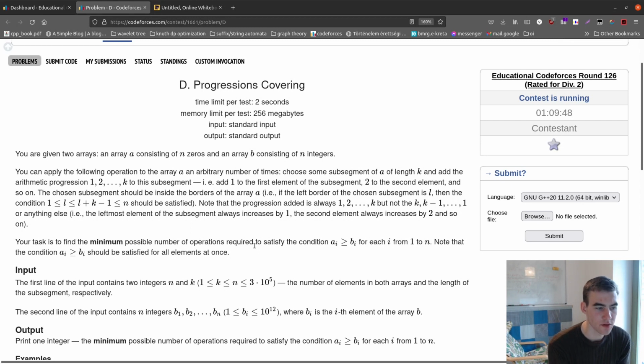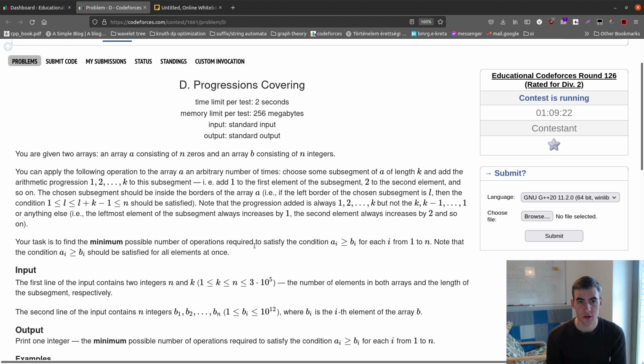I can only increase the first element in sets of 1. So I need to do that first. I can add arithmetic progressions on segment trees. Is that the right move here?